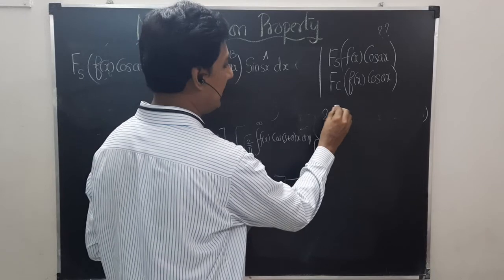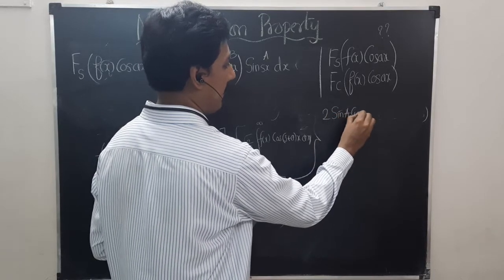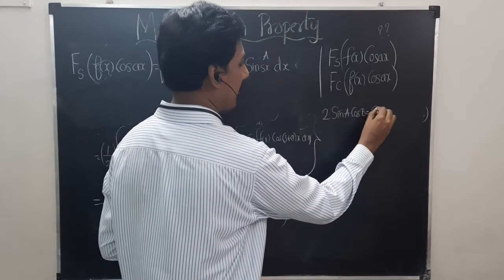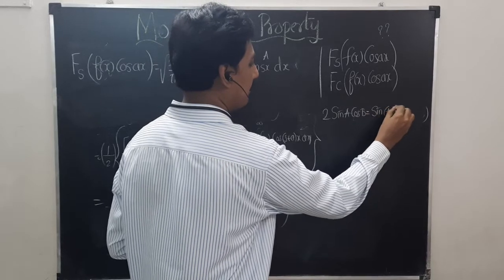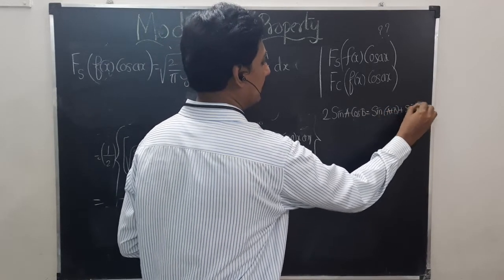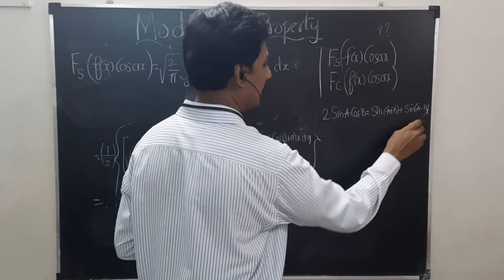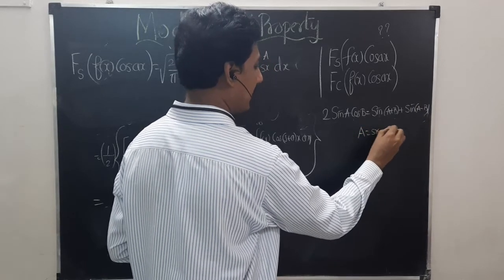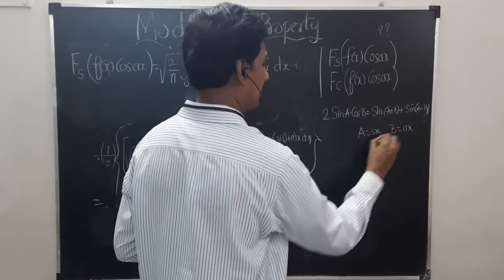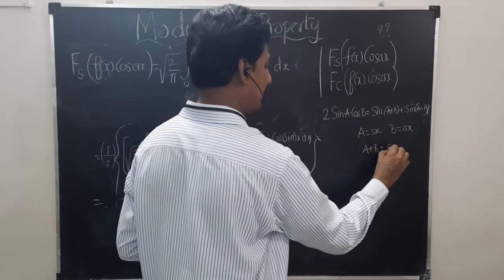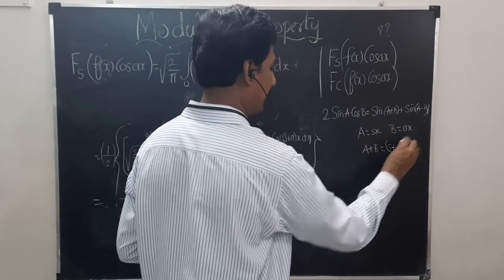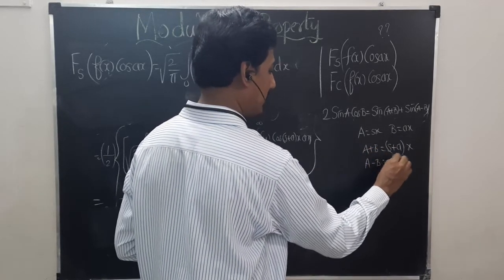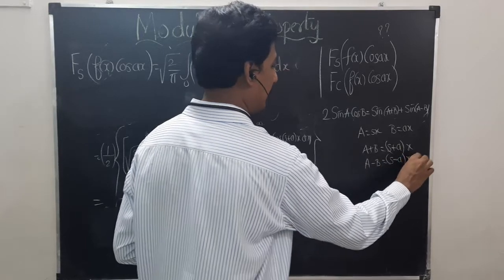What is 2 sin a cos b? Sin a plus b plus sin a minus b, isn't it? Here a equals sx and b equals ax. So a plus b is sx plus ax, otherwise s plus a into x, and a minus b is sx minus ax, otherwise s minus a into x.